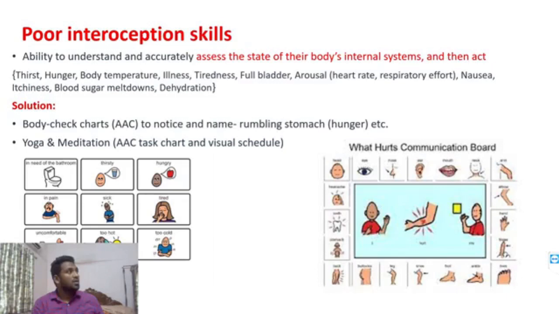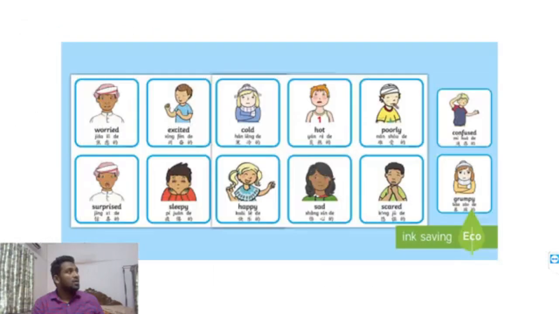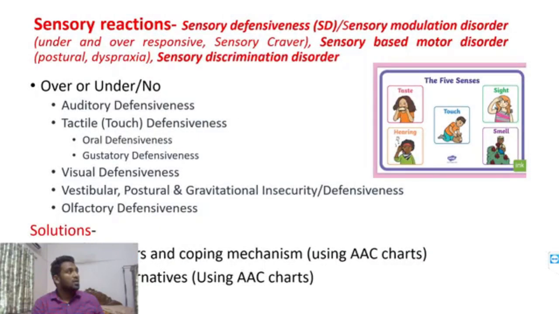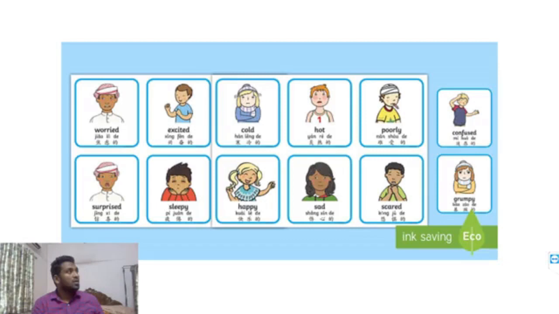You can have an AAC task chart and visual schedules for that as well. This is another example of how the child is feeling: worried, excited, cold, hot, not well, confused. You can use different types of icons for that.